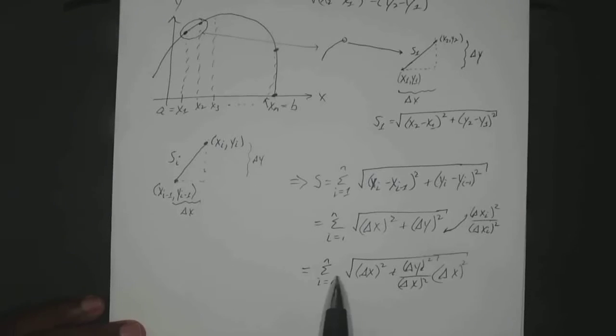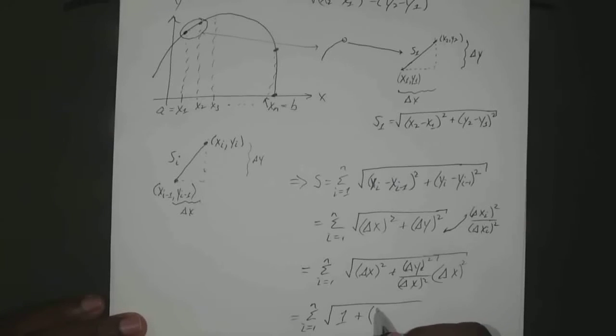Okay. So if we factor out a delta x squared, we'll be left with 1 plus delta y squared over delta x squared. And that entire thing would be multiplied by the square root of delta x squared.